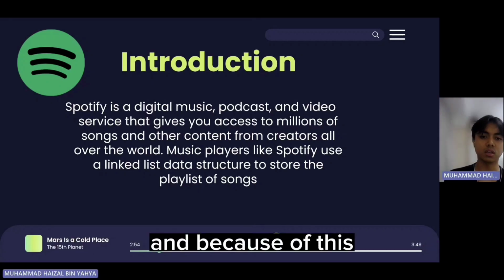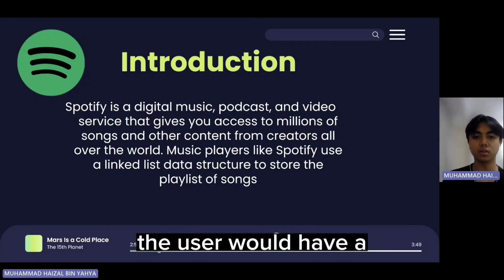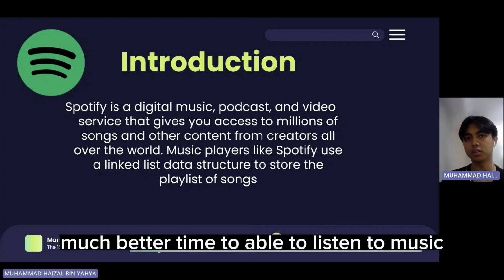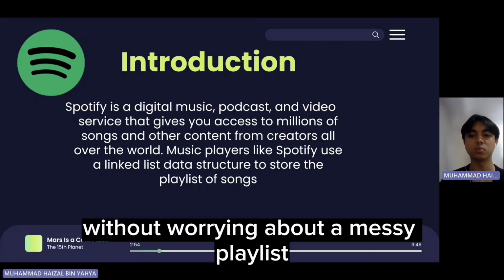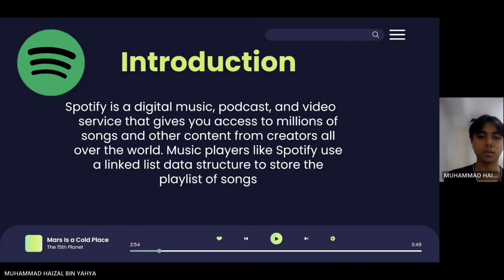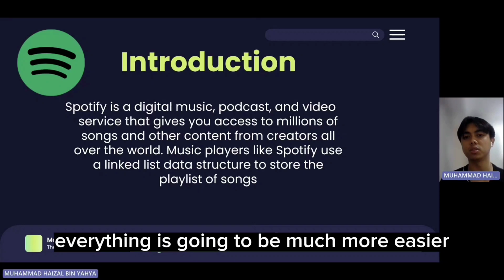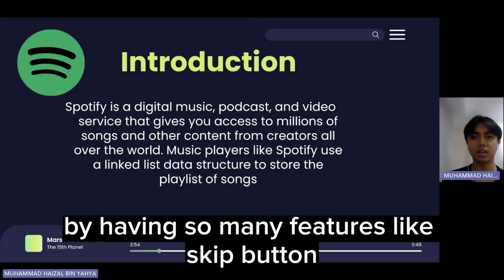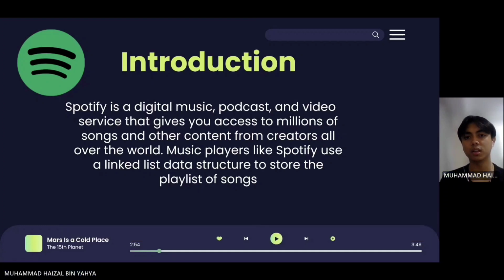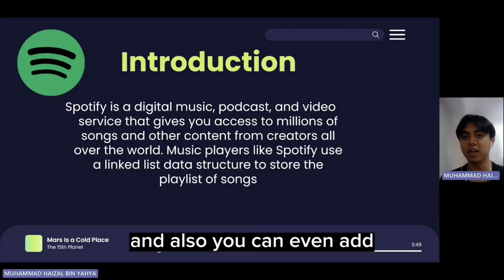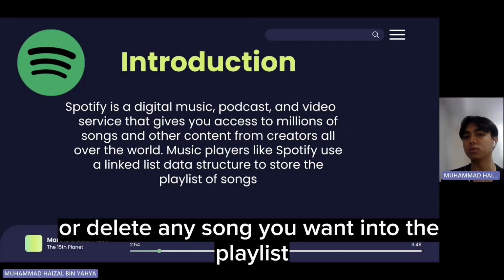And because of this, the user would have a much better time listening to music without worrying about a messy playlist. By using a linked list, everything is going to be much easier by having so many features like the skip button, reverse button, and also you can even add or delete any song that you want into the playlist.